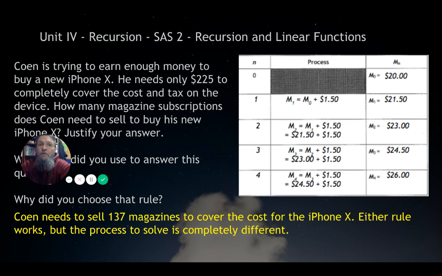But we would still have to do a couple iterations in the explicit form because it would be plug and chug. You try to guess about where you think it went, and then you would plug it in. You could do algebraic equations and solve for the number you're missing. That's one way to do it also.